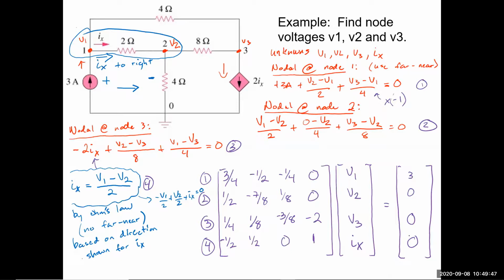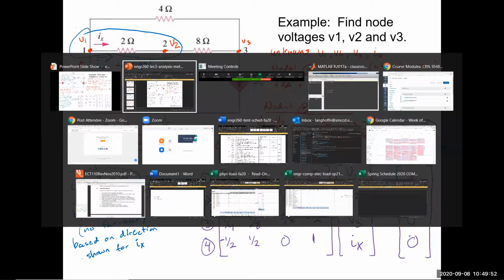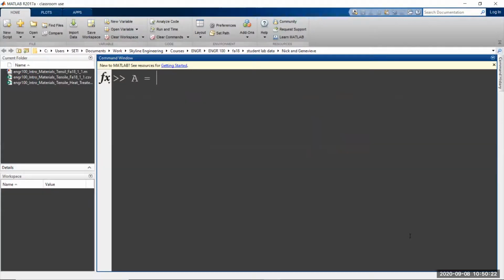And now we can go over into MATLAB and pop this into our system. Let's go ahead and type this in. This is going to be 3/4, minus a half, minus 3/4, 0. This is 1/2, minus 7/8, 1/8, and 0, and then a semicolon for the next row.